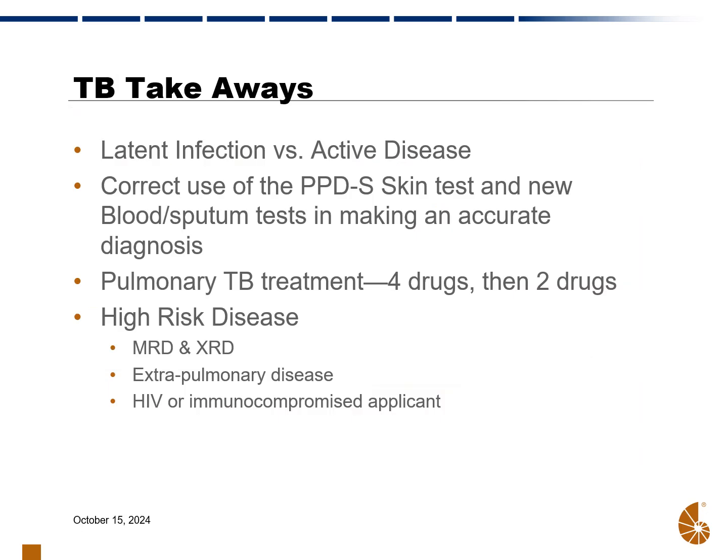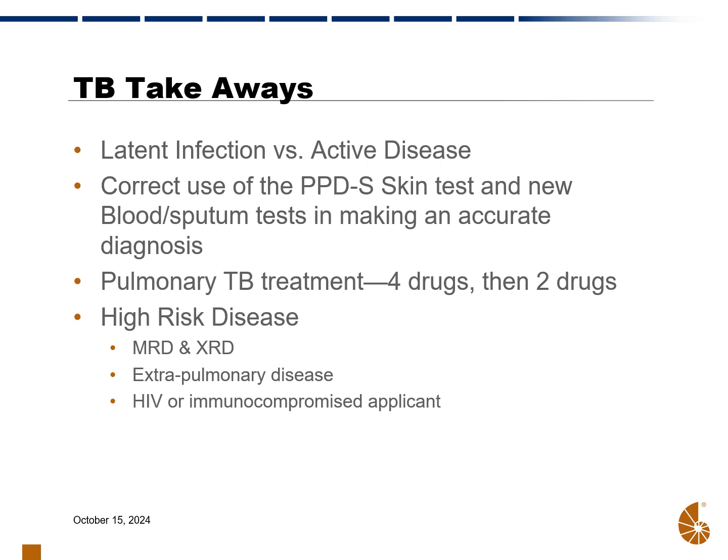So what are the takeaways for tuberculosis? We talked about latent infection versus active disease. We talked about the skin test or blood test we can use to see if somebody possibly has latent infection or active disease.